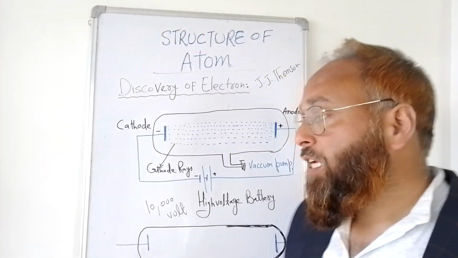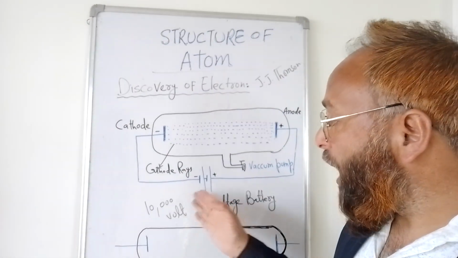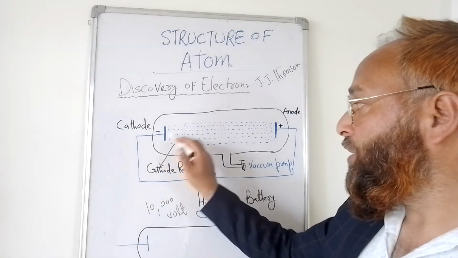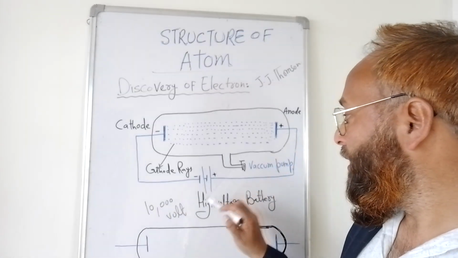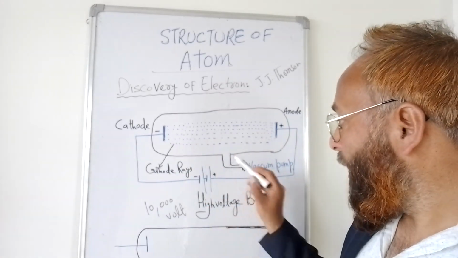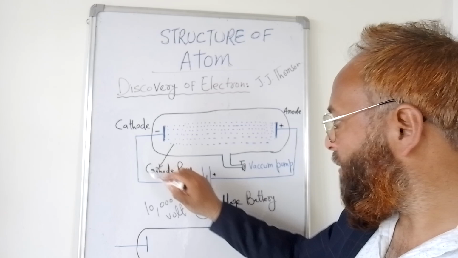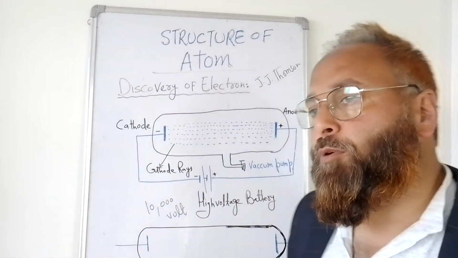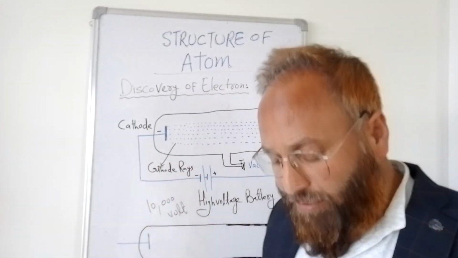First of all, J.J. Thomson applies a high voltage battery, 10,000 volt, in the discharge tube through the cathode and anode. These terminals are connected to the battery. The negative terminal is connected to the negative terminal, and the positive terminal to the positive terminal. Positive represents the anode and negative represents the cathode.